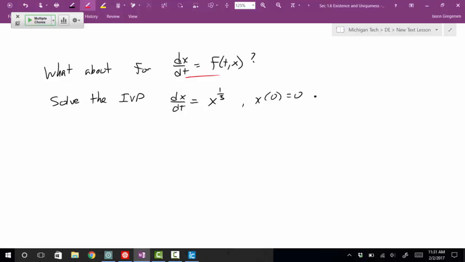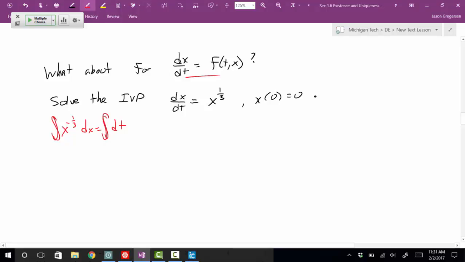All right, so what do I do here? I go x to the negative 1/3 dx equals 1 dt. I integrate. You have to say that when you write your integrals in there.